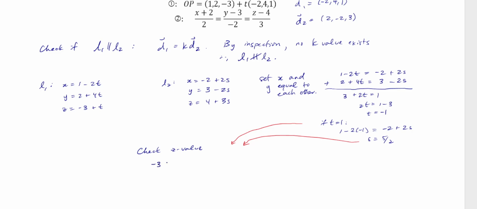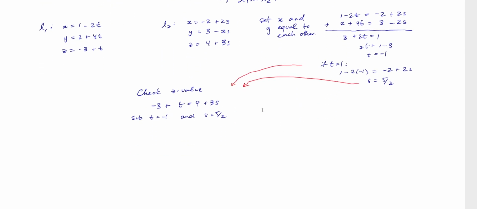So -3 plus t is equal to 4 plus 3s, and I'm going to sub in t is equal to -1 and s is equal to 5 over 2. So let's see if these parameters allow the z value to be equal to each other.